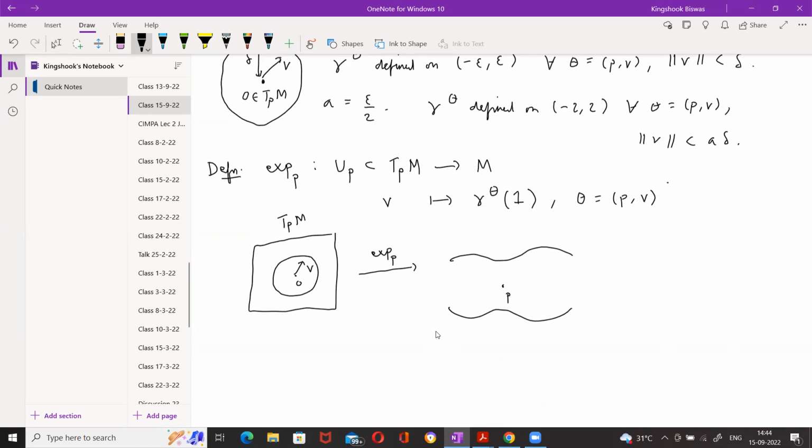So this is P, and I'm taking the vector V, and then I'm taking the geodesic with initial conditions P and V, and this gamma of 1 is defined to be X_P of V, where gamma has initial conditions P, V. Is this okay?